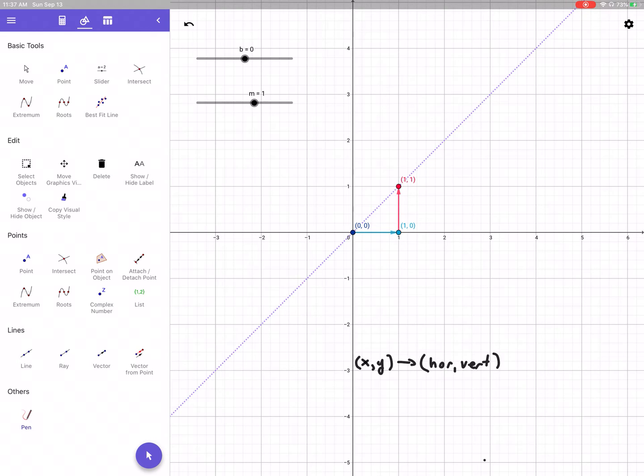Now, when we look at that, we can also say that's our input values and our output values. Later we'll get into other notation called functional notation, but for right now, this is good.